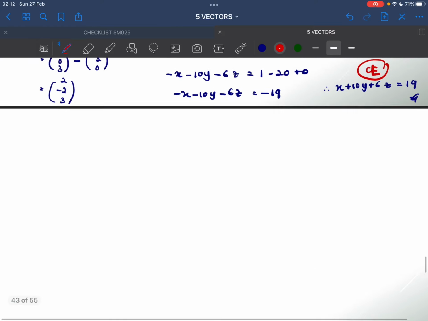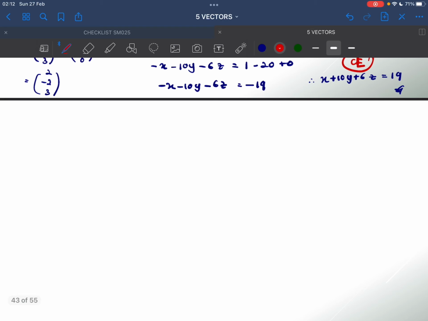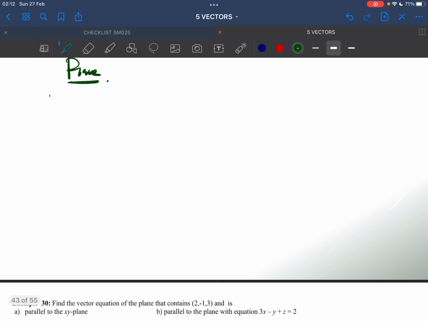Now I'm going to introduce a little bit more on the plane. Say the question says that the plane is parallel to the xy plane. Let's draw the axes here.